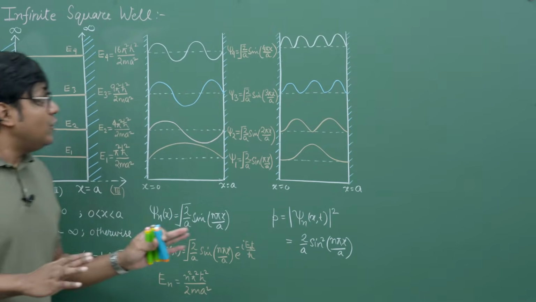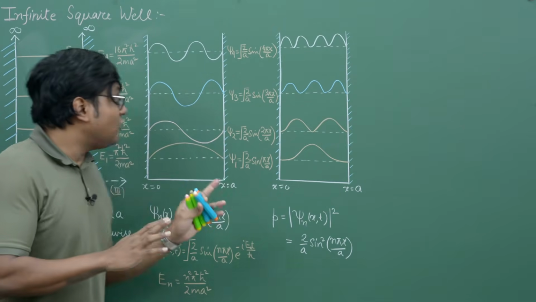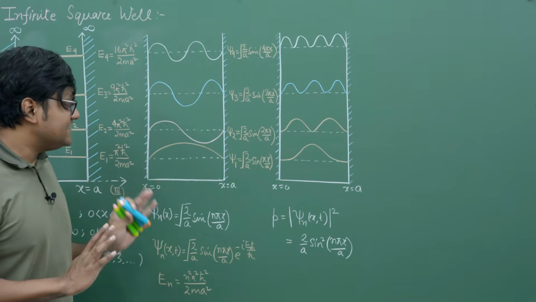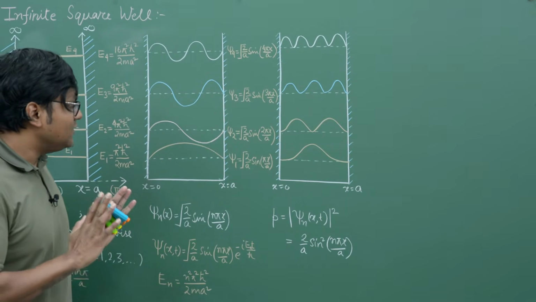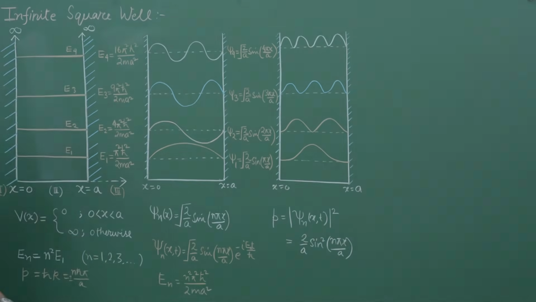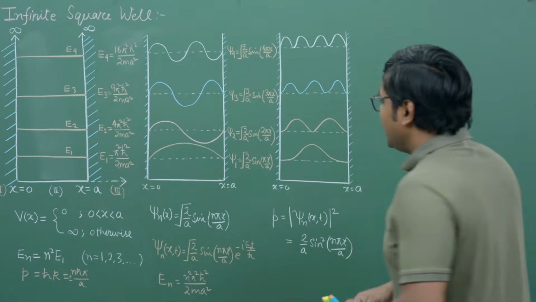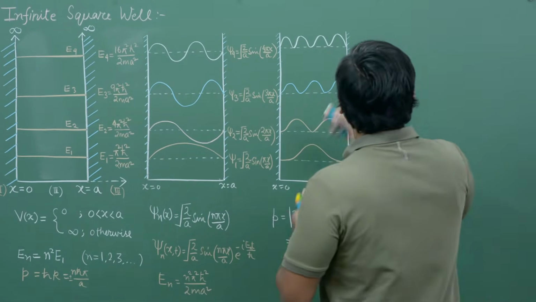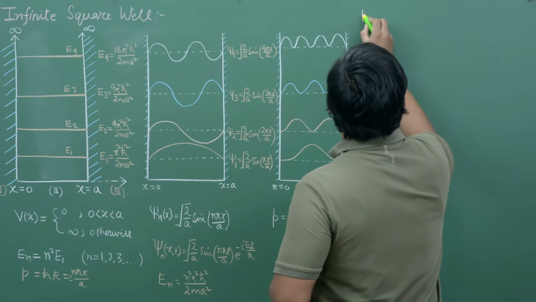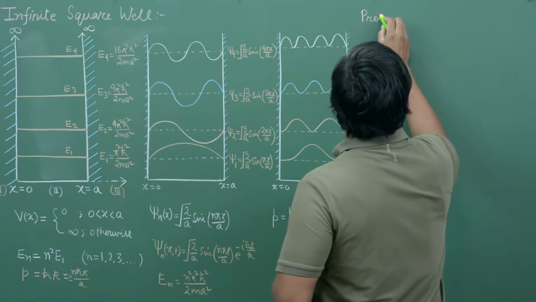Now, to complete this video, I want to discuss some properties of these eigenstates and their probability densities one by one. So let's do that. Let us look at the properties of these eigenfunction and wave function solutions. And these are interesting properties.